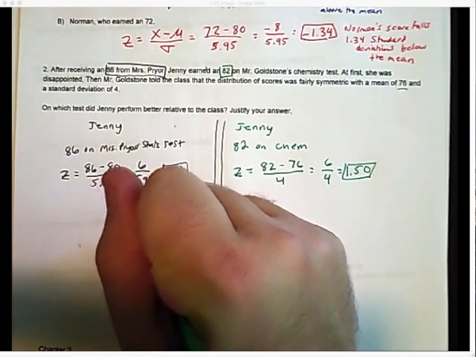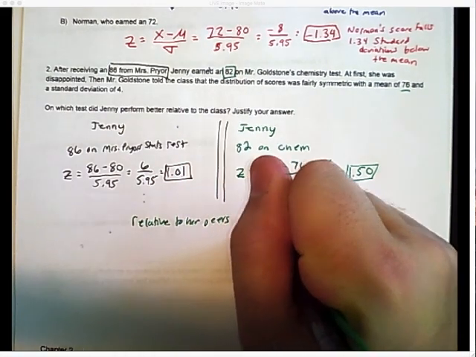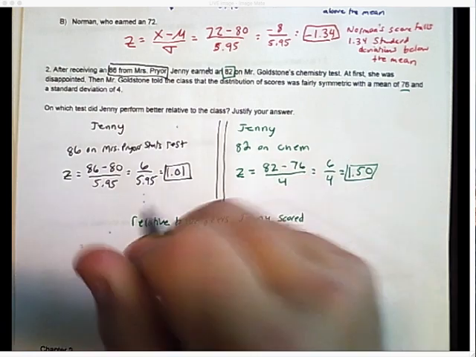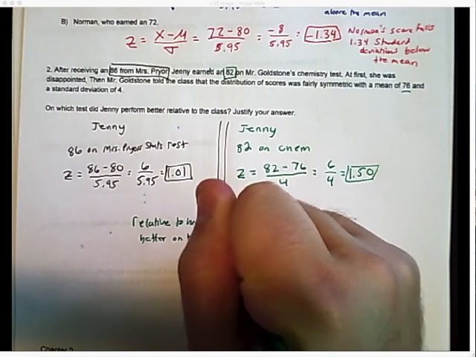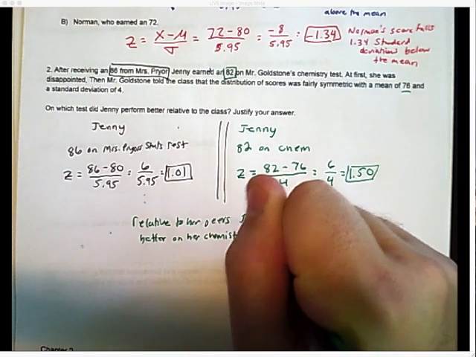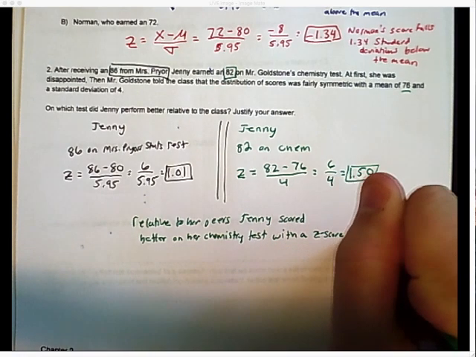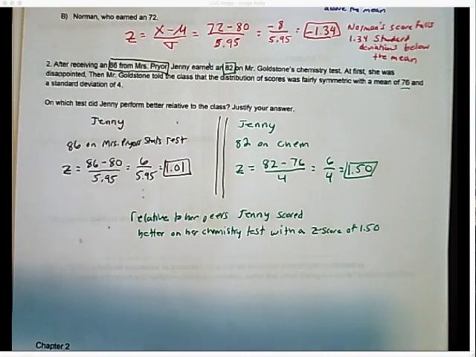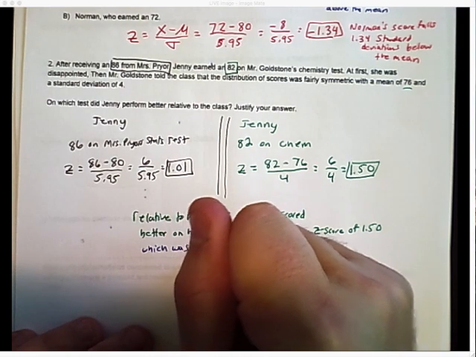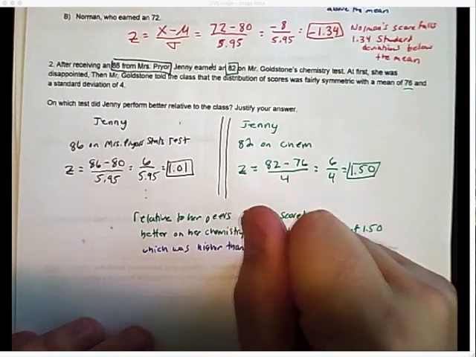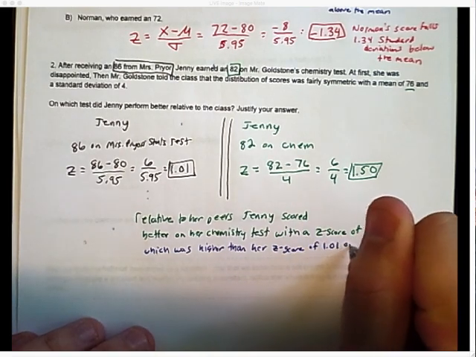Relative to her peers, Jenny scored better on her chemistry test with a z-score of 1.50, which was higher than her z-score of 1.01 on her statistics test.